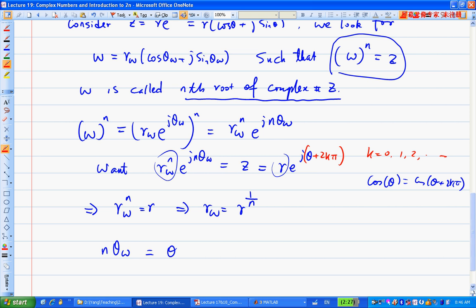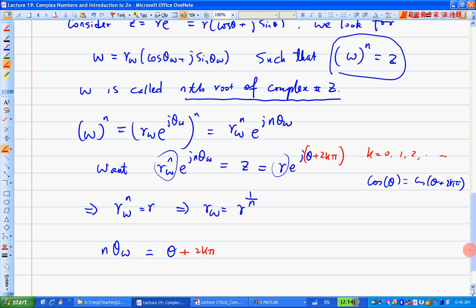So then nθ_w will simply be θ plus 2kπ. Any questions?